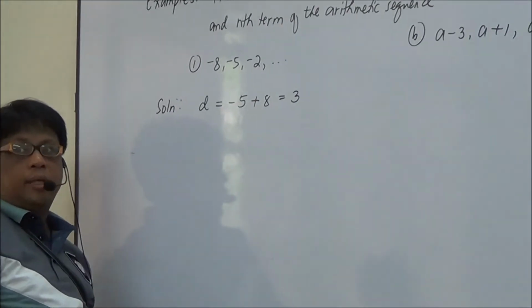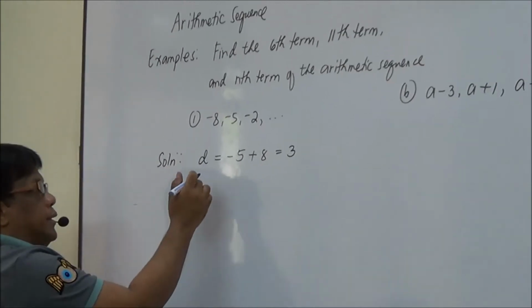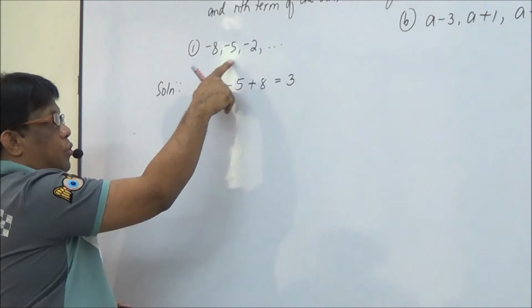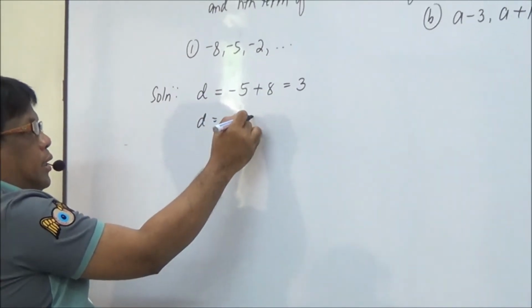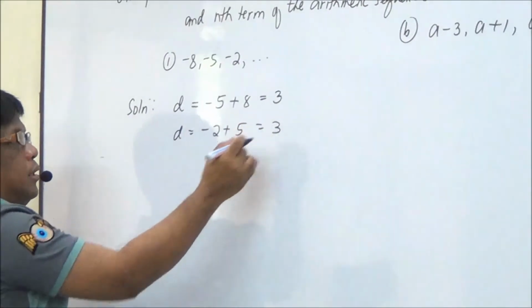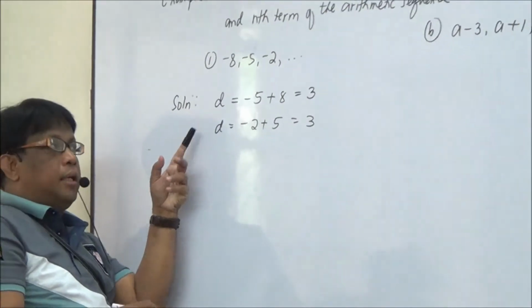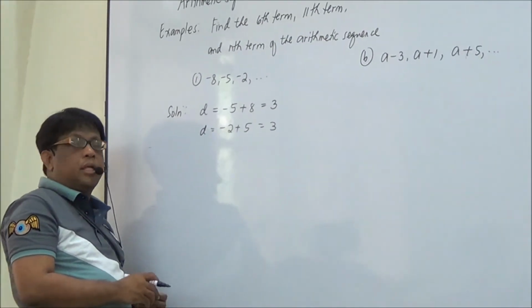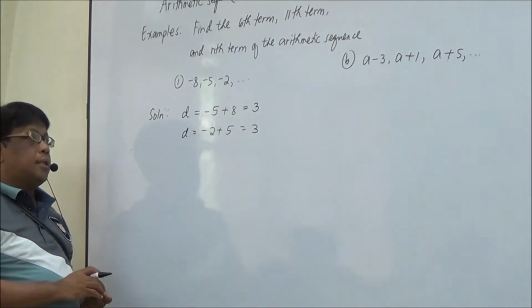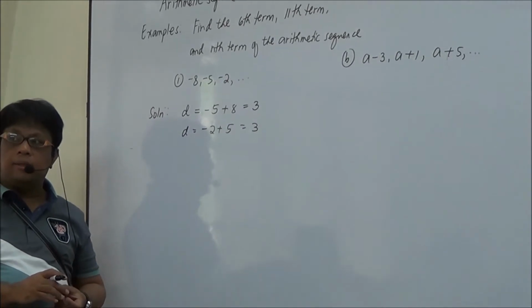Let us also take the difference of the other terms in the sequence: negative 2 minus negative 5, which is negative 2 plus 5, also equal to 3. You need to find the common difference first to know if it is an arithmetic sequence, because an arithmetic sequence is characterized by a constant difference.